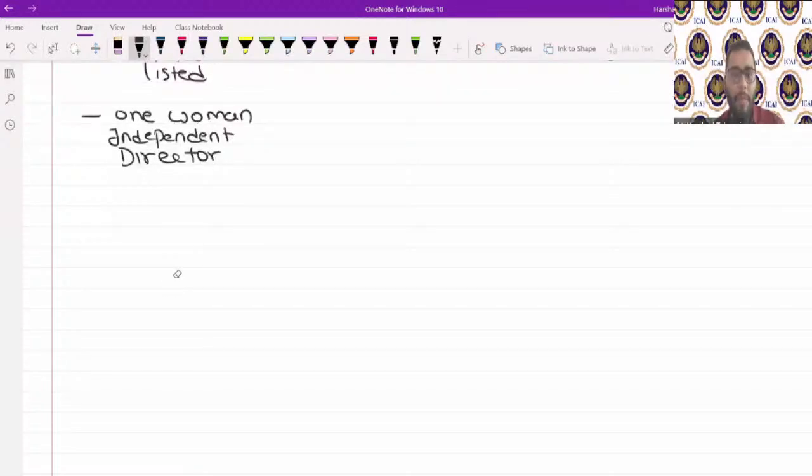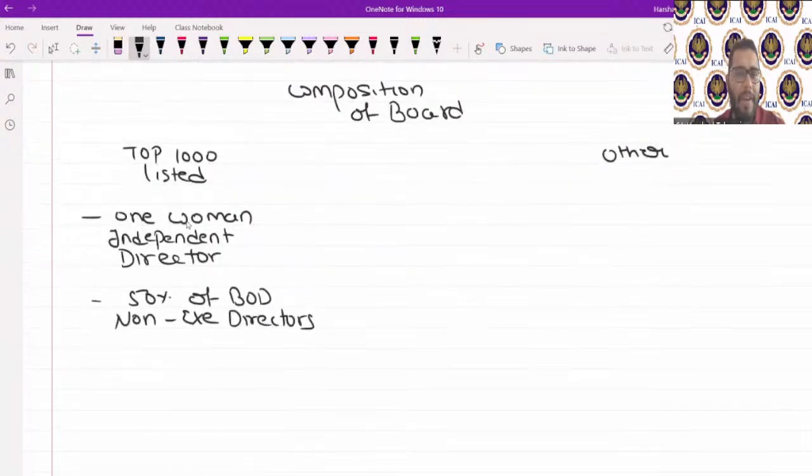Then 50% of the BOD should be non-executive directors. That is for top 100 listed companies.